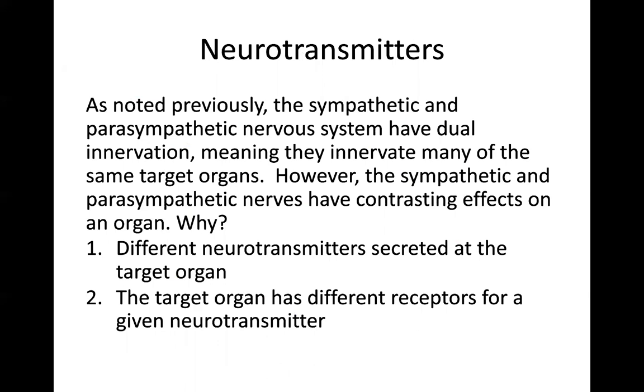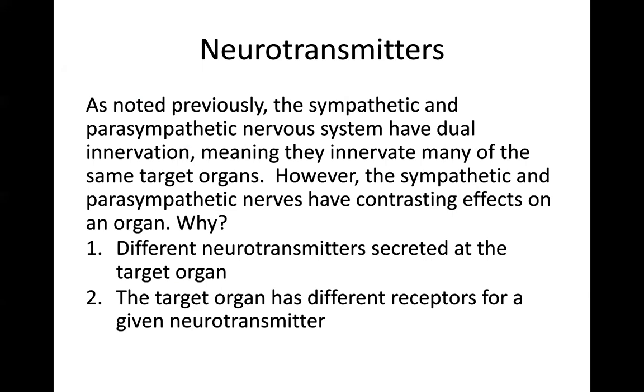Two things. Number one, the different neurotransmitters secreted at the target organ: norepinephrine for the sympathetic nervous system, acetylcholine for the parasympathetic. And number two, the target organ has different receptors for those given neurotransmitters. In other words, the target organ has to be able to receive and accept those neurotransmitters, so it's got to have receptors specific for it.